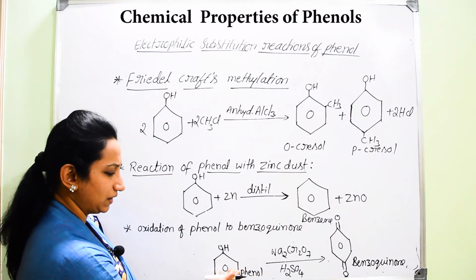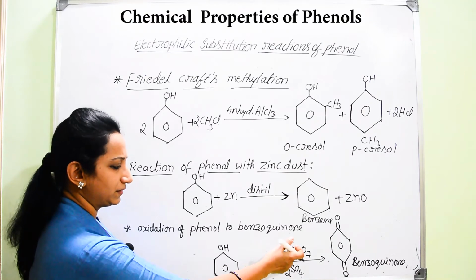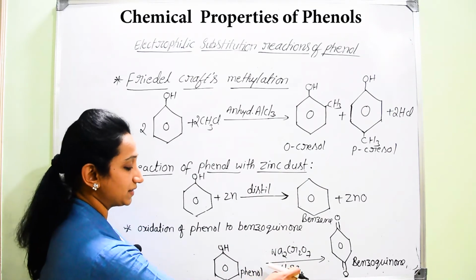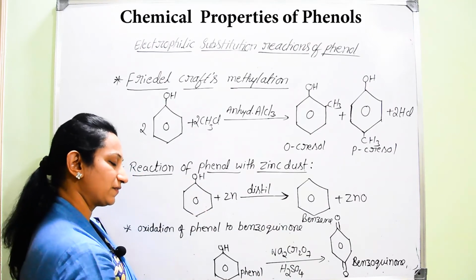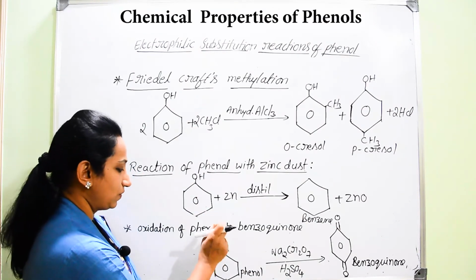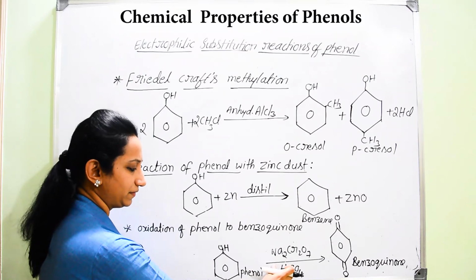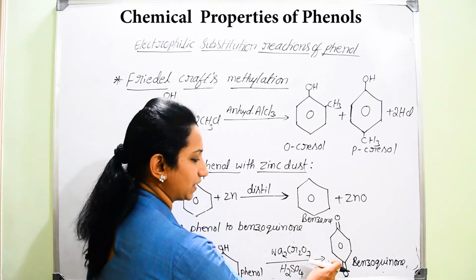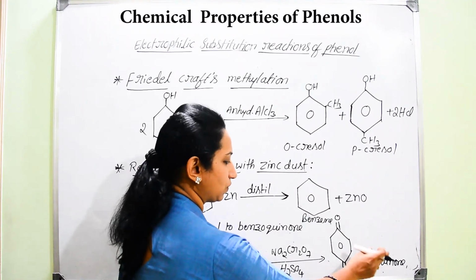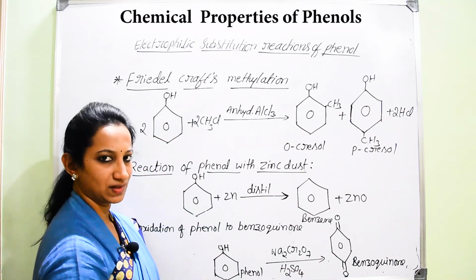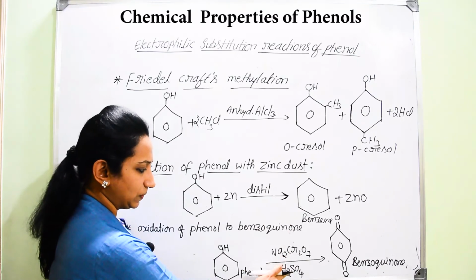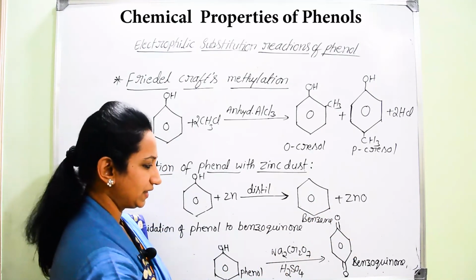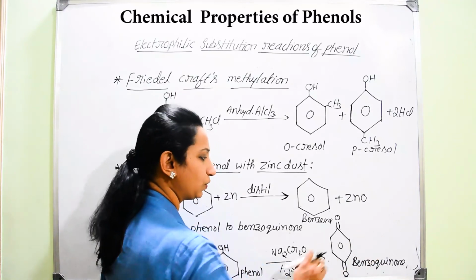When phenol is treated with dichromate, let us consider sodium dichromate in acidic medium, it results in the formation of chromic acid. So when phenol is treated with sodium dichromate in acid medium, it results in the formation of benzoquinone. It's a slow process and it results in a dark colored compound, that is benzoquinone.